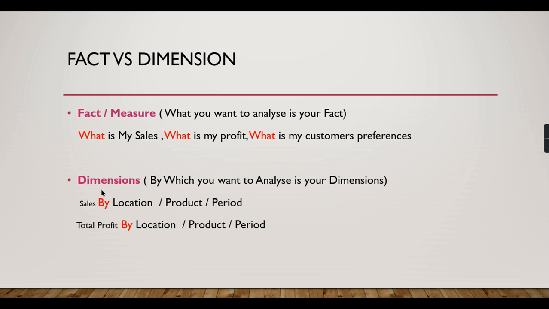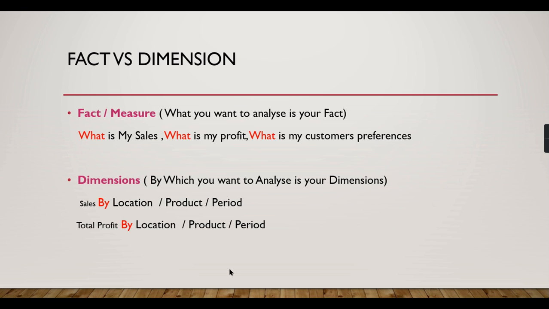Dimensions are the things by which you want to analyze. For example, I want to analyze my sales by location, from a different perspective or angle. That is what your dimensions are. So sales by location, product or period, and I want to see my total profit by this location, in this product, over a particular period.